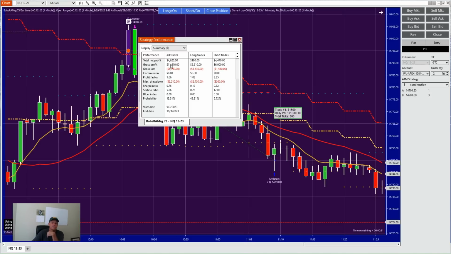All right. So here are all your trades in NQ. I don't even know, what did it have? It had 54 trades, 36 longs, 18 shorts. Now, the shorts performed a hell of a lot better than the longs, if you haven't noticed.